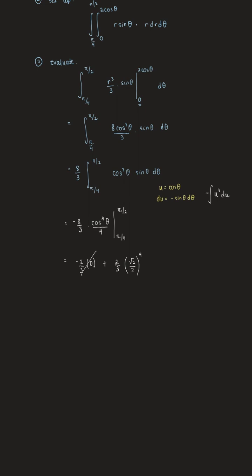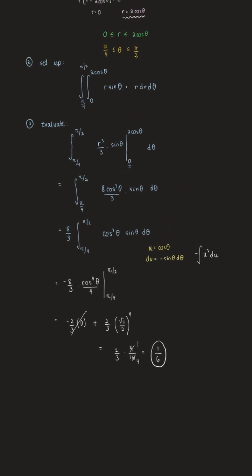So this is 0, and now we've got 2/3. Square root of 2 to the 4th is 4, and 2 to the 4th is 16. And so this is going to be 1/6. So this integral has a value of 1/6.